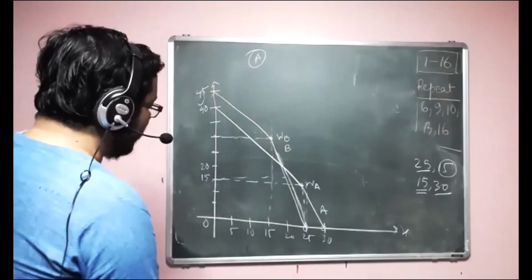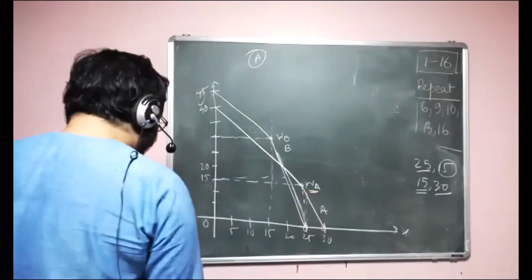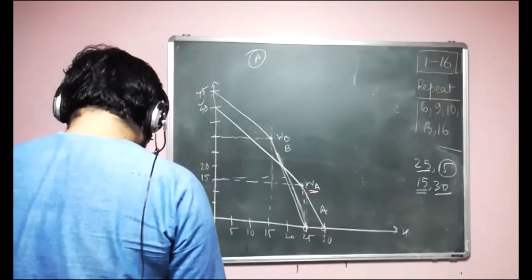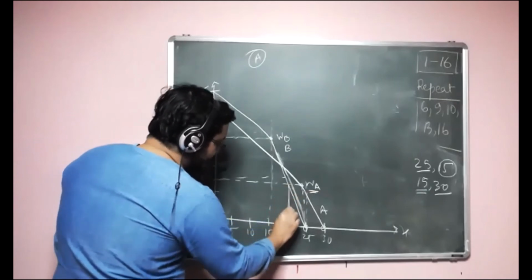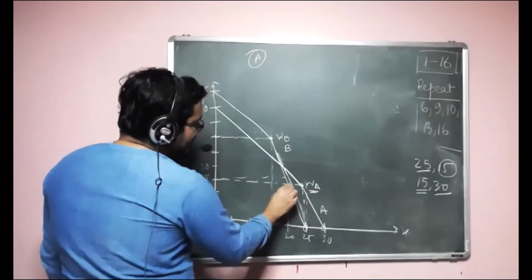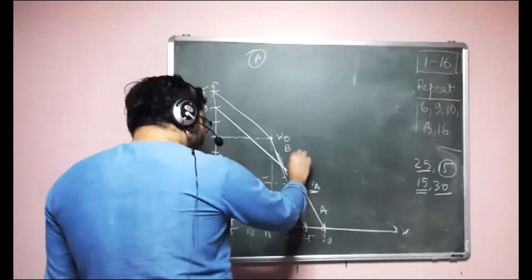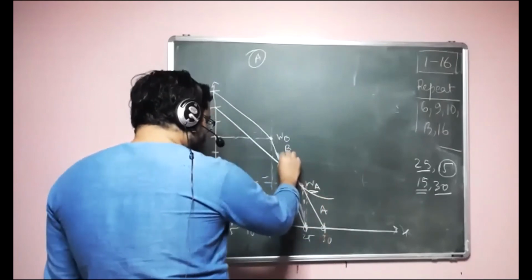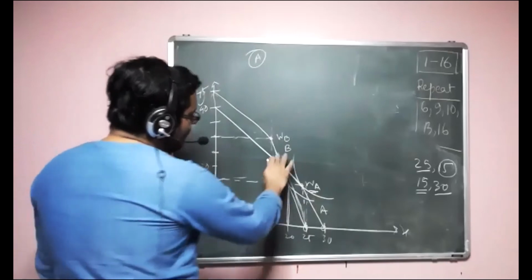Now, the endowment of A becomes its optimal, and for B, it is basically this point, right? 20, 15. So B is at this point. So now if I have the same set of indifference curves, there is no problem. Right? There is no scope of intersecting.